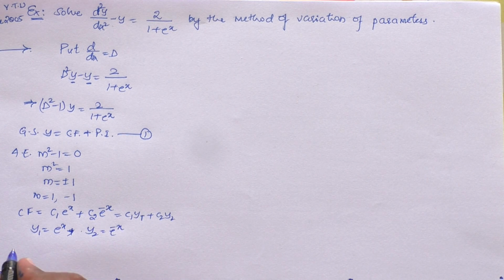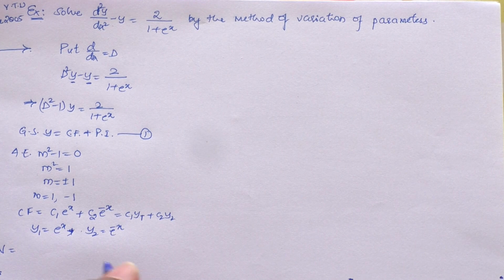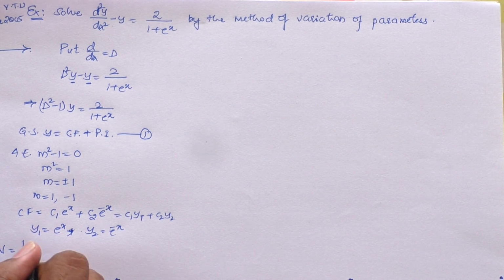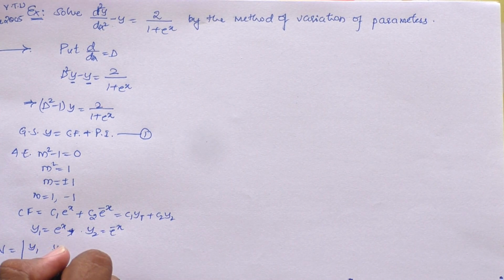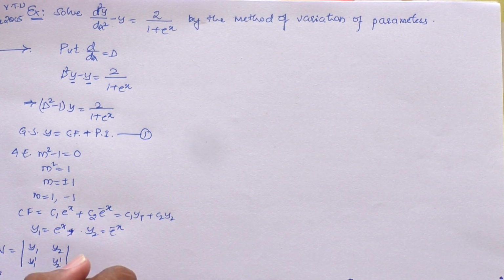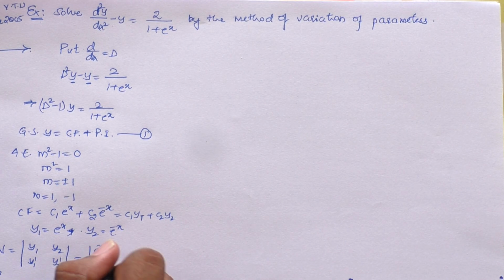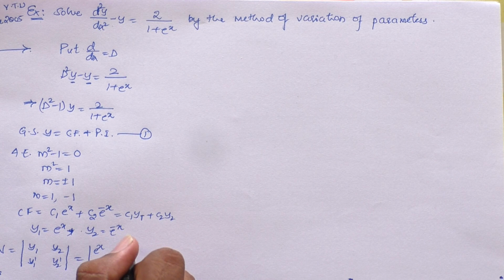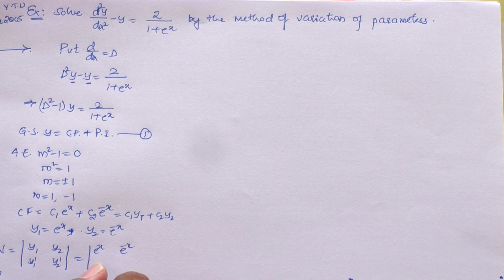Once you get y1 and y2, find W, the Wronskian of y1 and y2. It is defined as the determinant of y1, y2, y1 dash, y2 dash. Now substitute y1 and y2: e raised to x, e raised to minus x, y1 dash is the derivative of e raised to x, which is e raised to x, and y2 dash is the derivative of e raised to minus x, which is minus e raised to minus x.